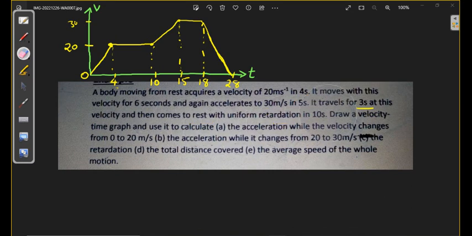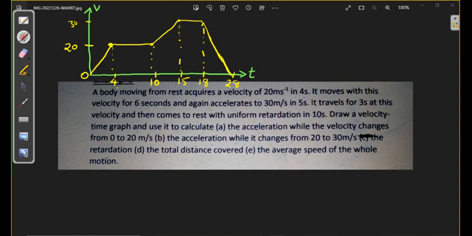Now, let's answer the other questions. For part A, the question is saying calculate the acceleration where the velocity changes from 0 to 20. We know that acceleration is given by final velocity minus initial velocity over time.